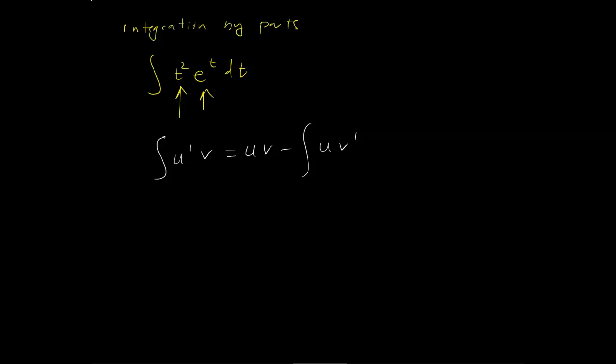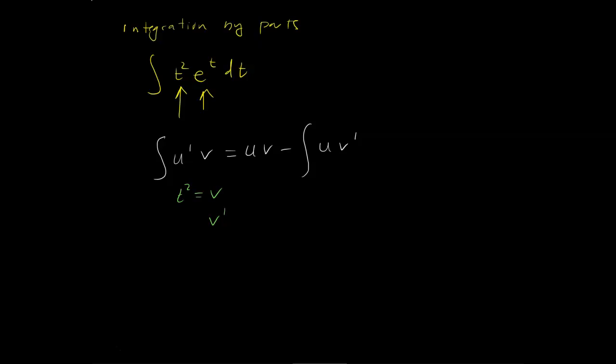So what I would do here is notice in my problem that it'd be really great in this integral if the t's went away. So notice in the way I set this up, the v is the one that you would take a derivative of, and the u starts as a u prime, so you're actually going to take an antiderivative. So I'm going to call t squared my v.